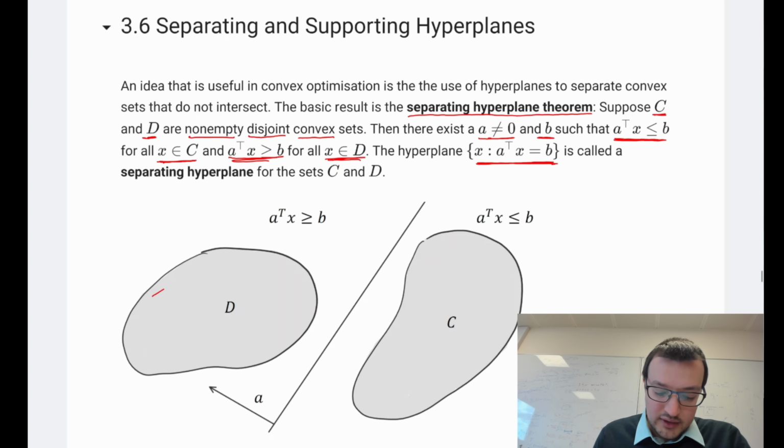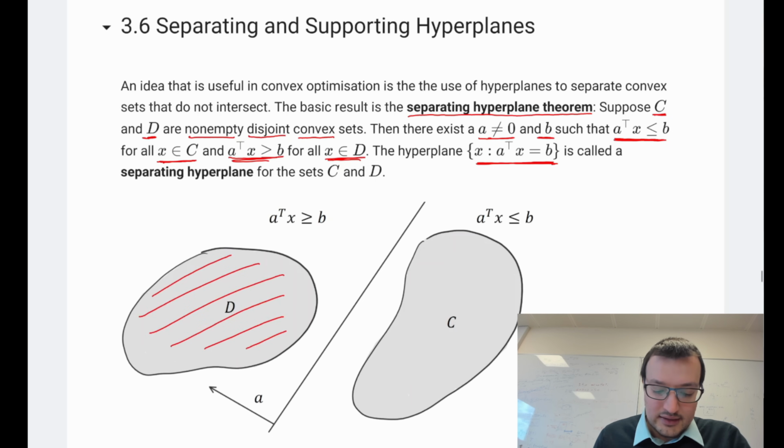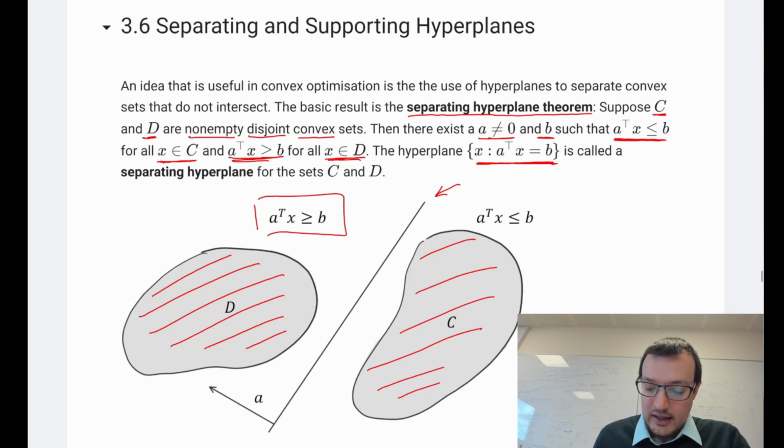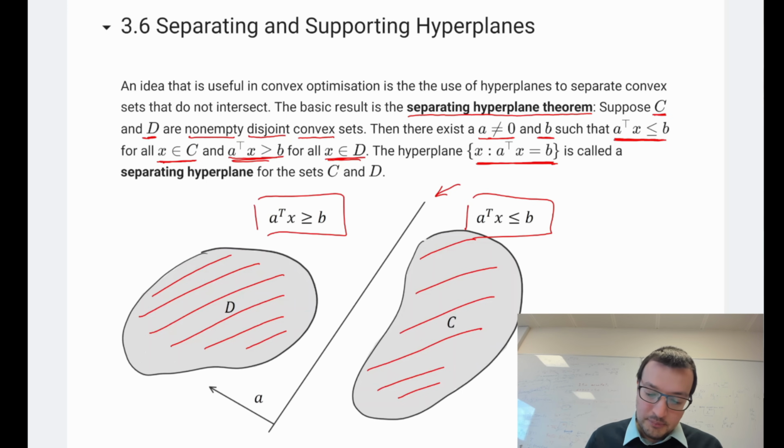So essentially all the points of D lie in one half-space associated to the hyperplane, and all the points of C lie in the other half-space associated to the hyperplane. It's important to stress that the separating hyperplane theorem holds true only when we are considering the non-strict inequality.